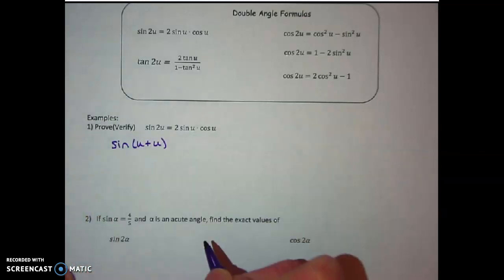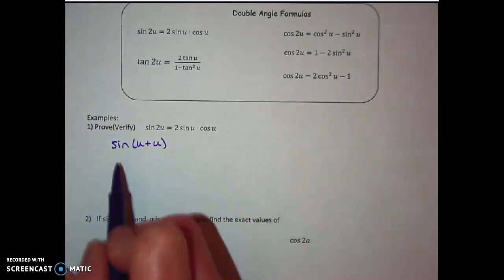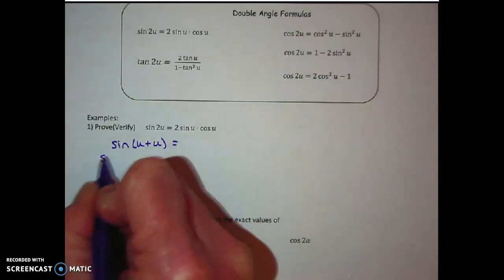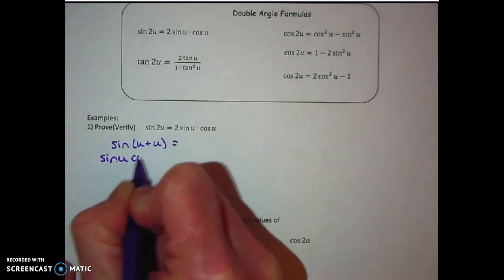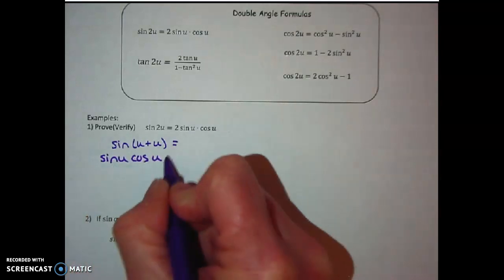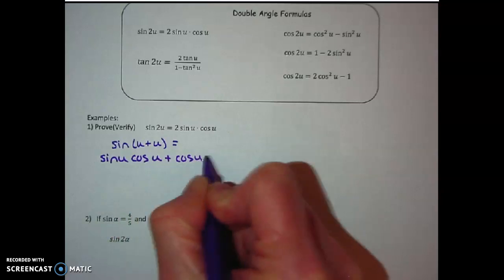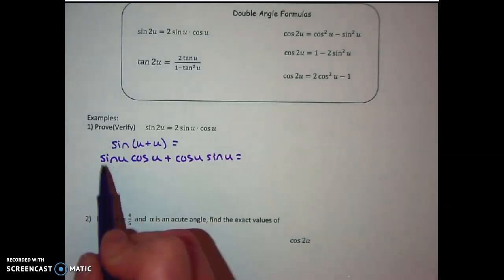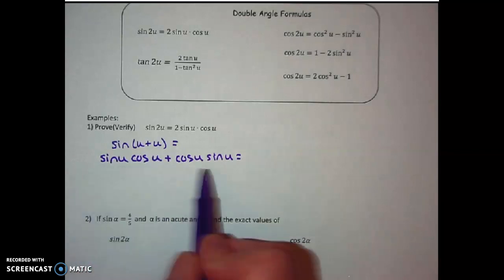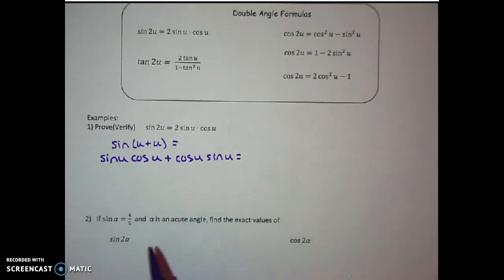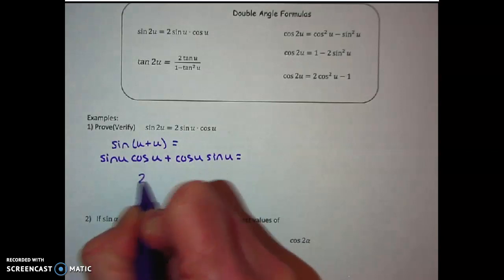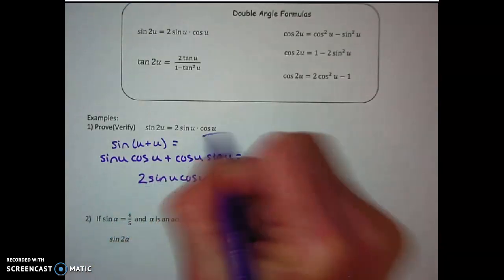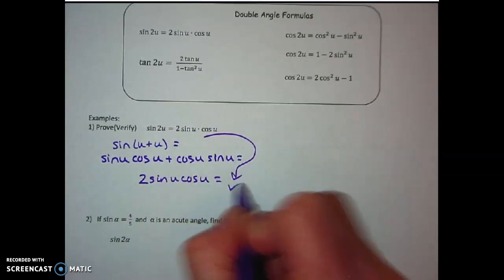You'll remember before we had the formula for sine of u plus v, and we can rewrite this as sine u cosine u plus cosine u sine u. Well, then if you notice, we have sine u cosine u twice, so what we actually have is 2 sine u cosine u, which is what we were supposed to prove.